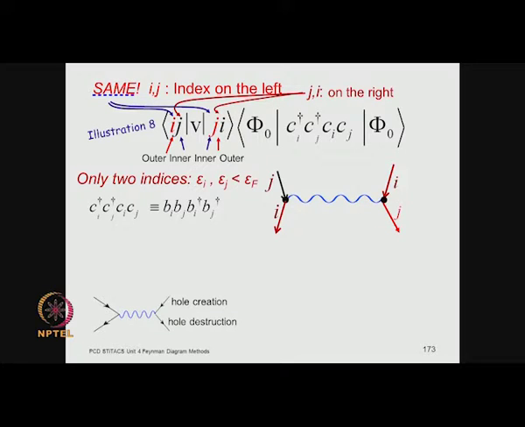Okay. So, just the way we had closed the loop earlier, you can find that these two indices are the same, both are i, and these two can be connected using this connecting line.